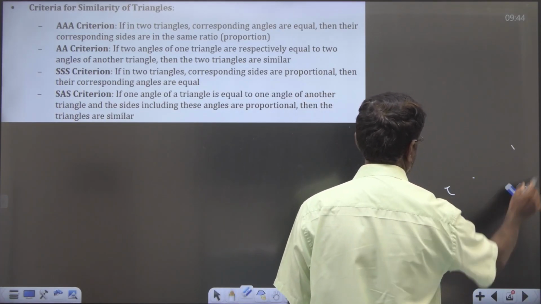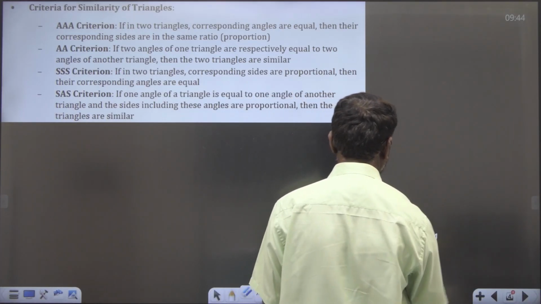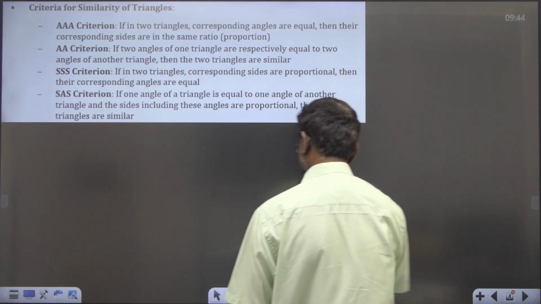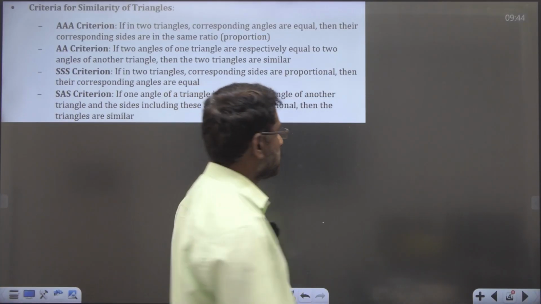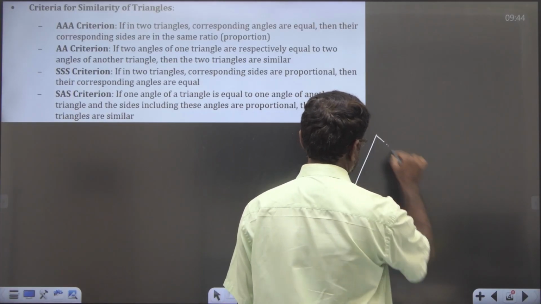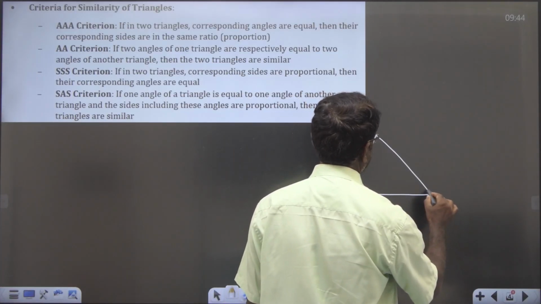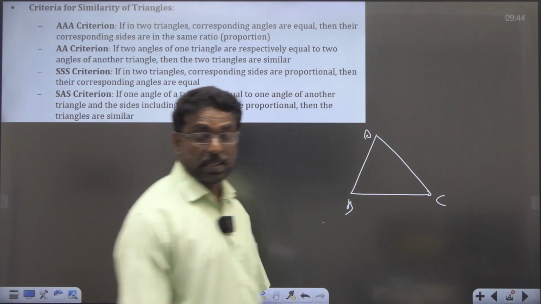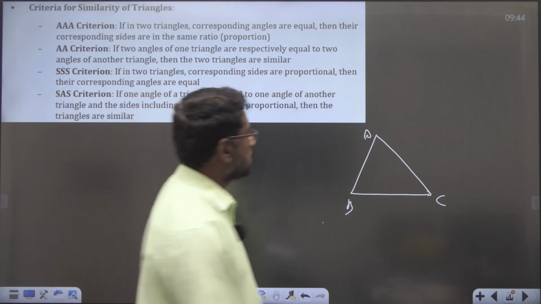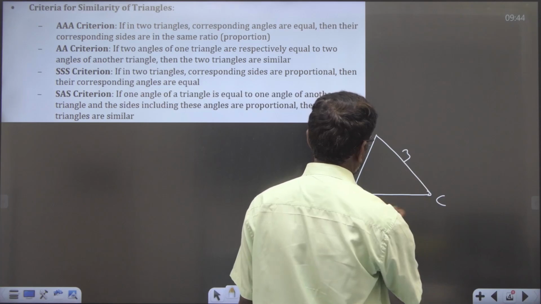Another question. I can give you another pair. This is one triangle, triangle ABC, and the sides are given: 2, 3, 2.5.